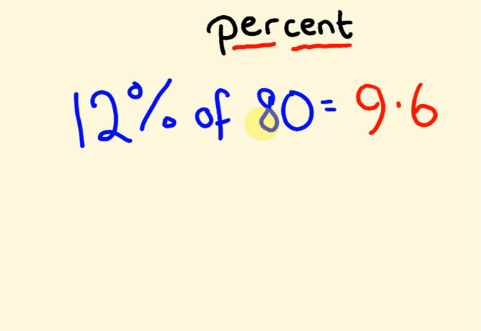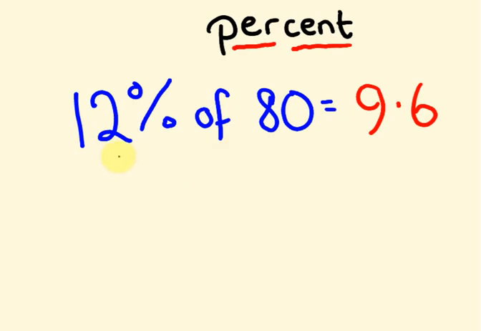So per cent, we're talking about a number out of 100. So this 12 is literally 12 out of 100. Okay, so 12 out of 100 parts for 80. We're going to be using this idea to work out our percentages of a number.